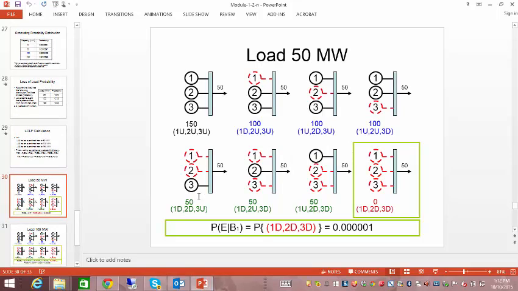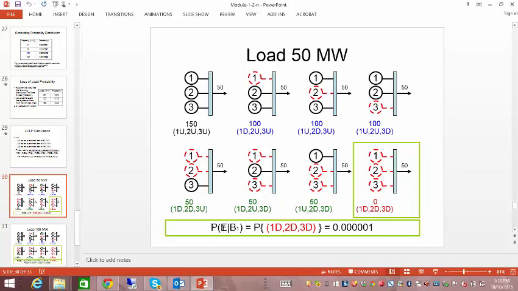So how do we find the probability of E given B1? Remember that B1 is the load of 50 megawatt. So if we have load 50 megawatt, then the only way we cannot satisfy this load is if all the generators are down. Because even if we have one generator up, we can supply this load.